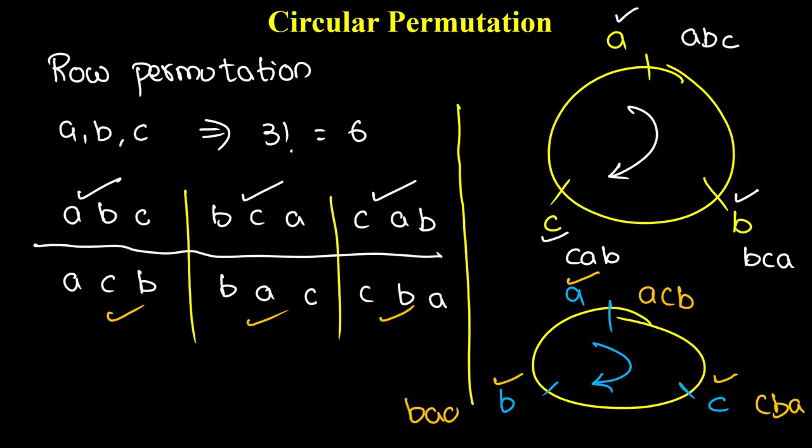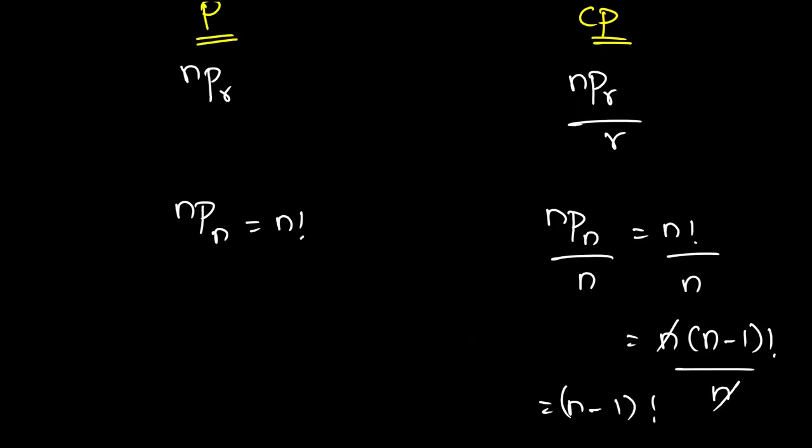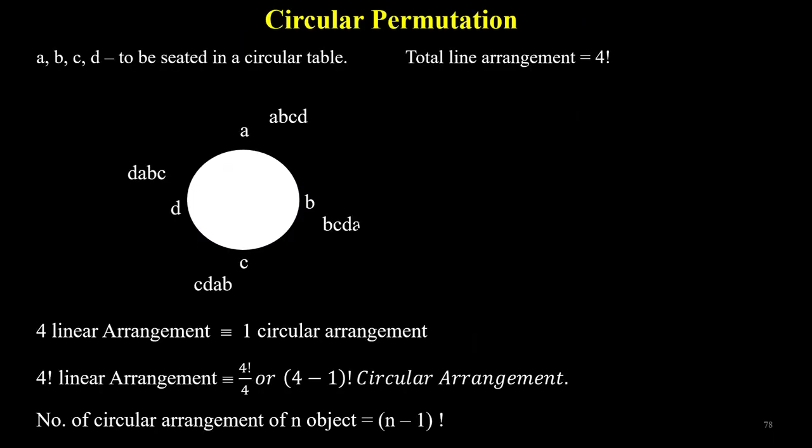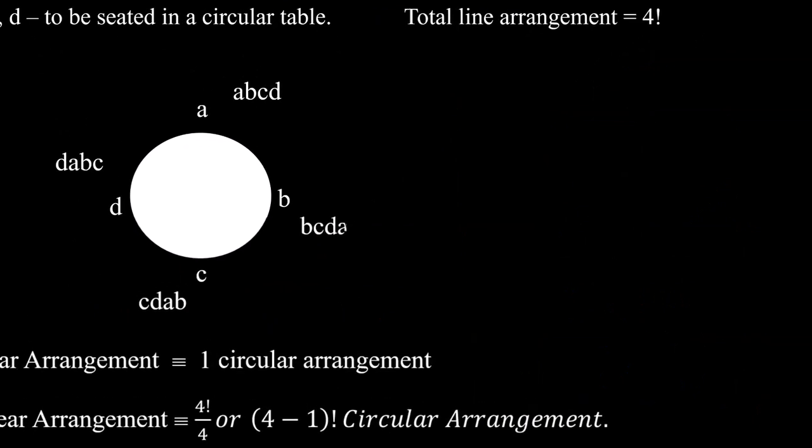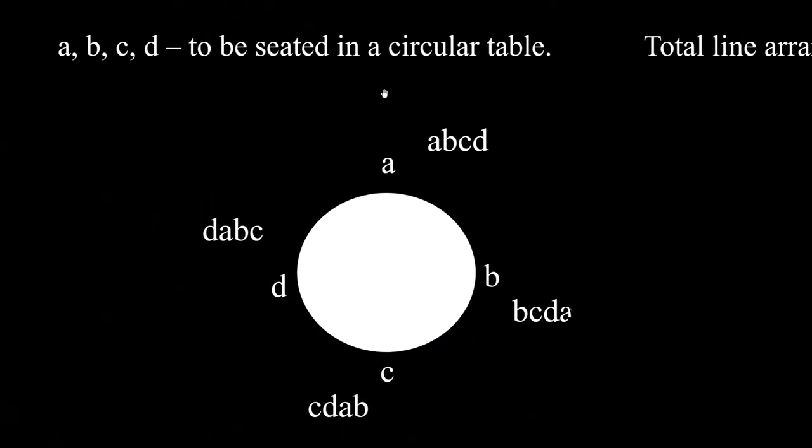Sir, you gave only one example. I'll show you one more. Just have a glance. This is regarding four people. Four people in a circle. When I start at A, A, B, C, D. When I start at B, B, C, D, A. When I start at C, and when I start at D, D, A, B, C. Four linear arrangements are mapped into one circle, divided by 4.